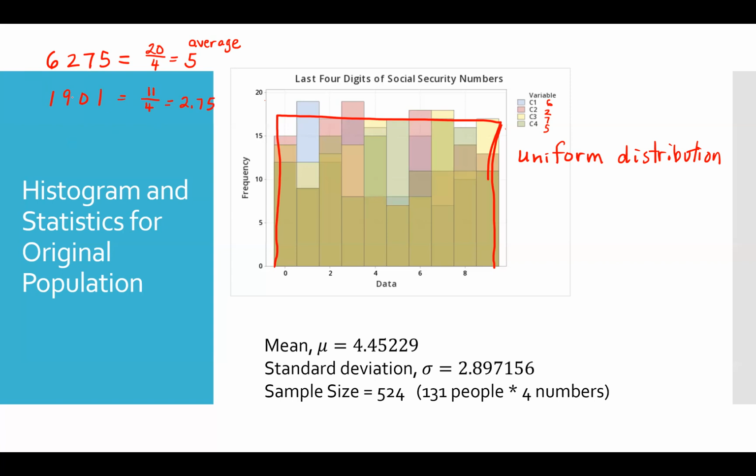So instead of looking at them as an individual number, we look at them as a group of 4. And if I do that for all 131 that I have, look what happens when we graph the distribution of those averages. Keep in mind that the individual values are uniform.